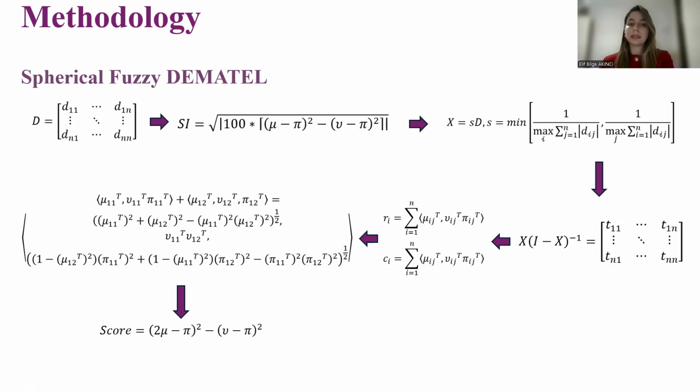Then the direct matrix, then the total relation matrix, and finally we determine the cause and effect vectors from the total matrix to understand which criteria are the main influence, causes, and effects.